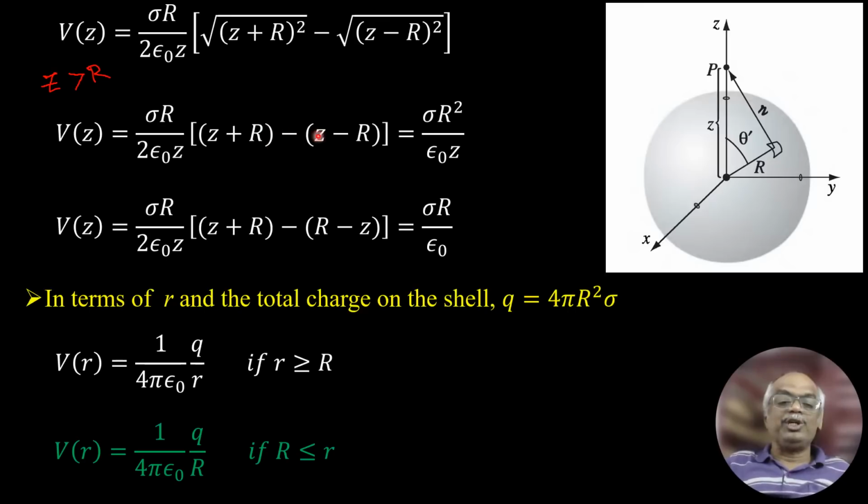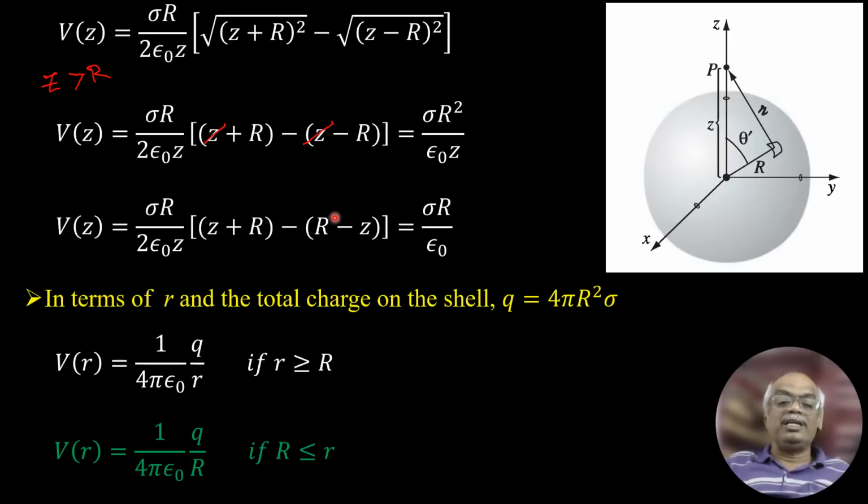So in this expression, z will get cancelled, and you have r plus r, 2r. This 2 will cancel with this 2. So you will get sigma r squared divided by epsilon naught z.